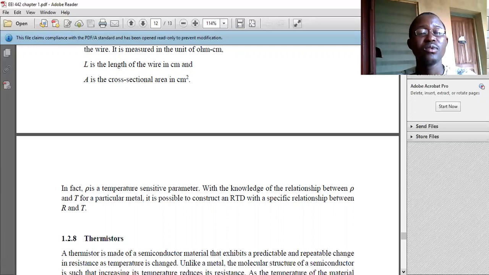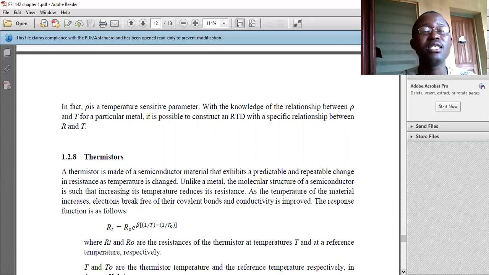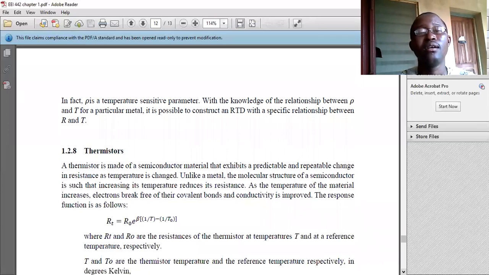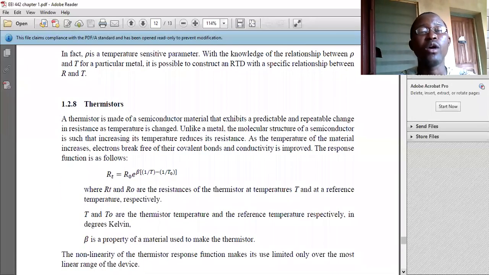So you can see that rho, which is resistivity, is a temperature-sensitive parameter. When you increase temperature, the resistivity of that metal increases. For that reason, the resistance of the metal increases.